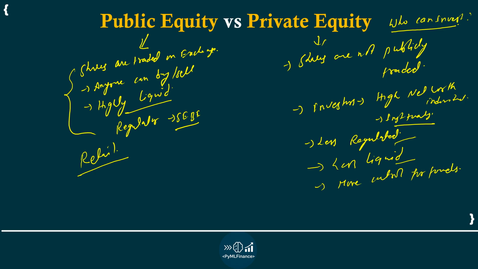Now companies may stay private to avoid quarterly pressure. If you become public, you have to produce quarterly results of your business performance and make them available publicly. So in order to avoid quarterly pressure, companies stay private.